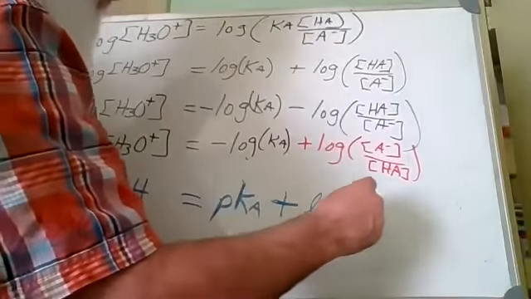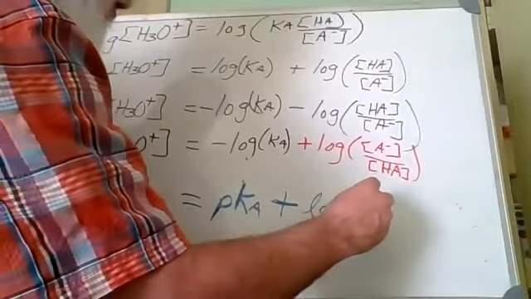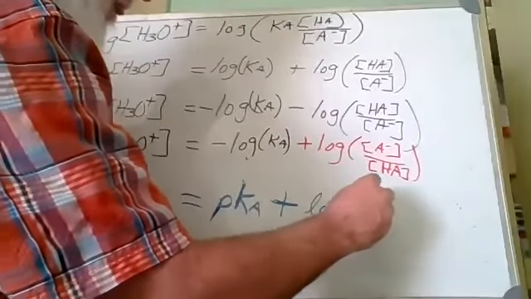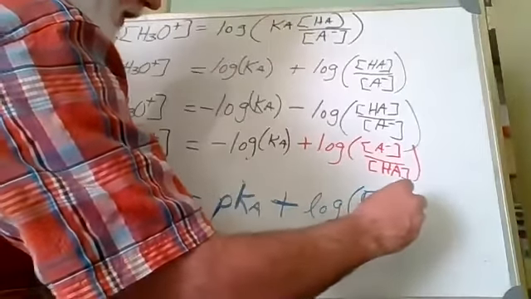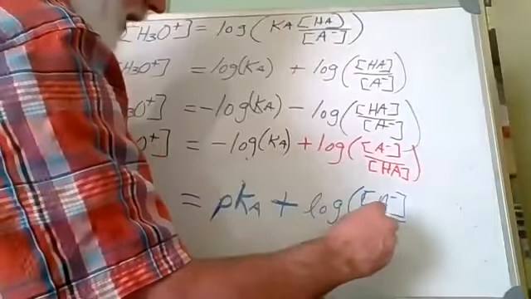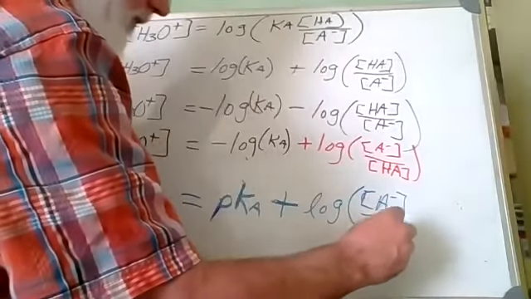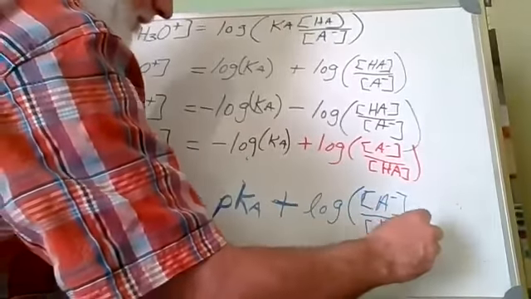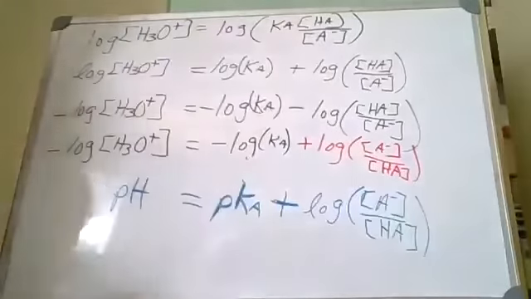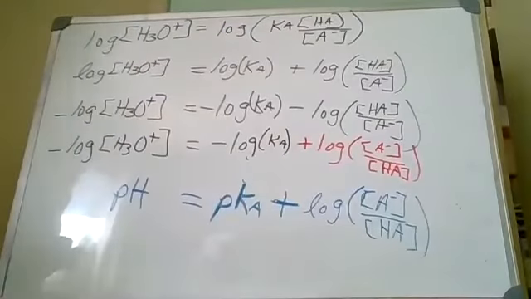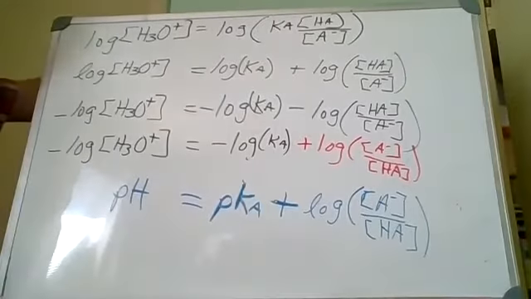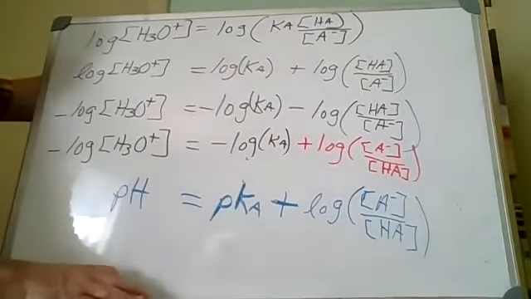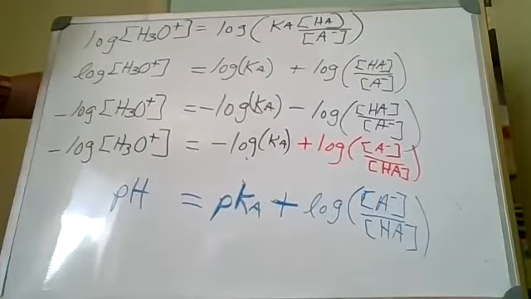Log of the conjugate base divided by the acid concentration. And there it is, the Henderson-Hasselbalch equation. So again, you can very quickly calculate the pH of a solution.